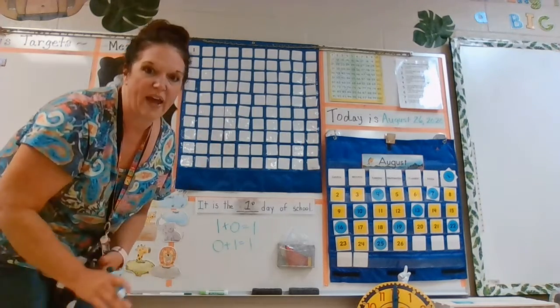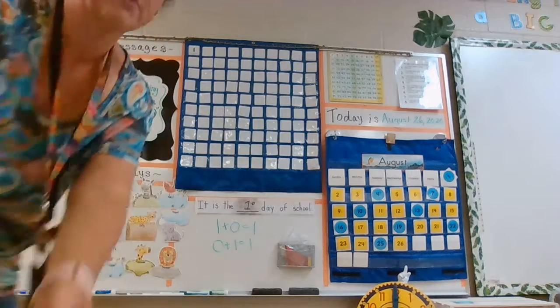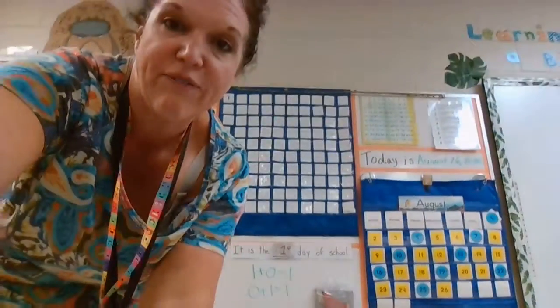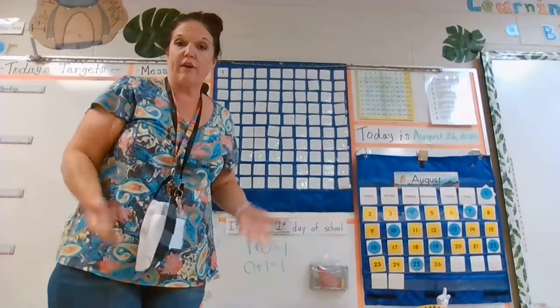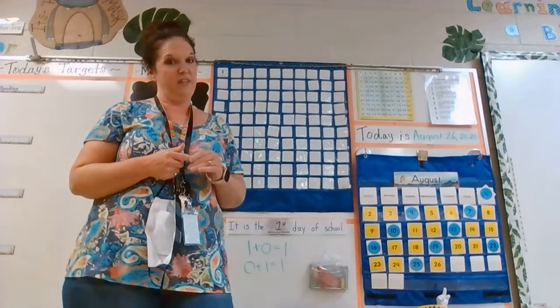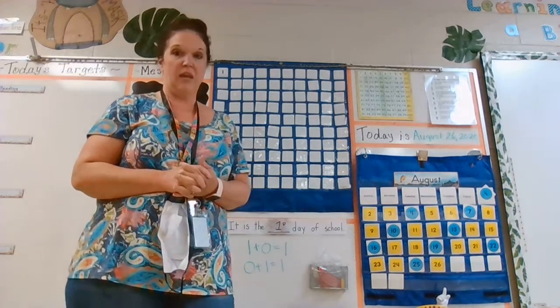And those are the 2 ways to make 1. Those are the 2 number sentences. And if you're at home, of course, and you get to this part of calendar, you can probably have your child just write it on a dry erase marker, or they could probably get out their math spiral notebook, the one that they chose for math, and have them write just the combinations in their notebook.